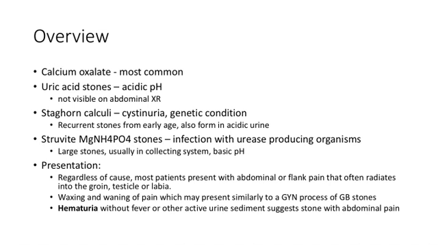And it doesn't matter which kind of stone we're talking about, these people usually have flank pain that starts out there and then migrates to unilateral abdominal pain that usually waxes and wanes and radiates down into the groin, and it can go into the testicle or the labia.